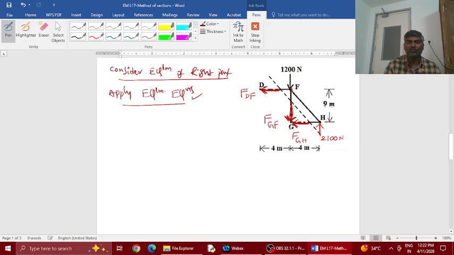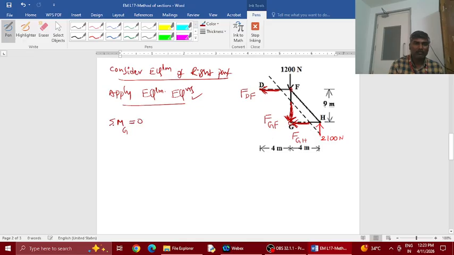This unknown force and this unknown force are meeting at G. This is possible. So these two are possible locations for keeping the moment center. Let us first keep the moment center at G.